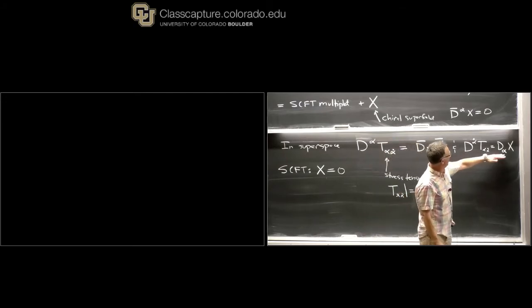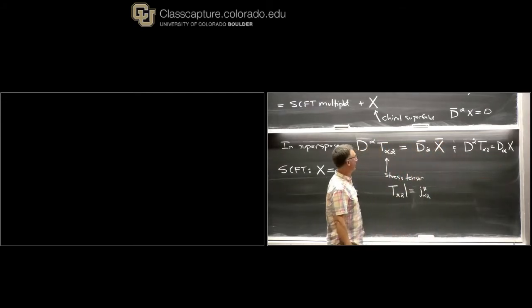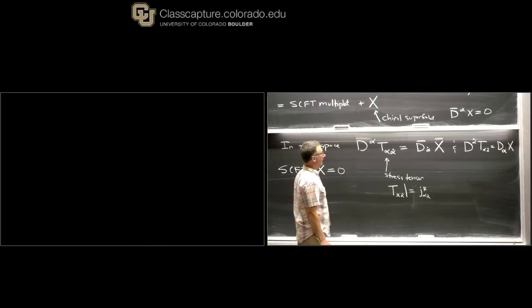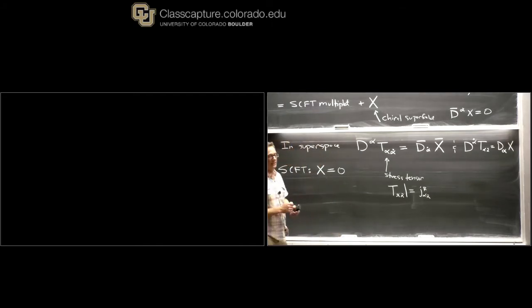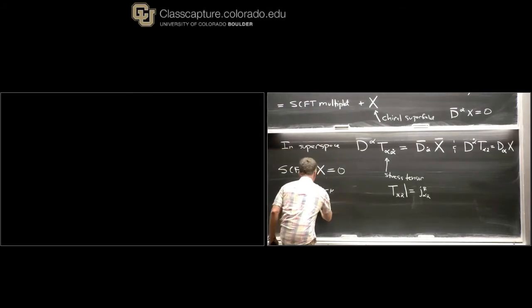This is d alpha of X. And this X encodes the anomalies in conformal symmetry. In particular, if we look at the theta squared component, we get something that's a complex quantity that's, let me just double check my factors, 2/3.